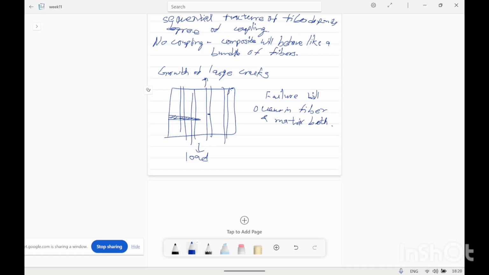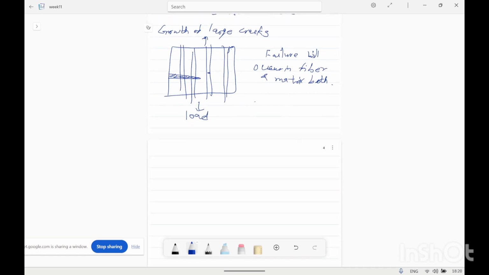So if the growth of the crack in matrix and in fiber are in a plane, so the crack front will also be planar, and also the interfacial bonding is strong.